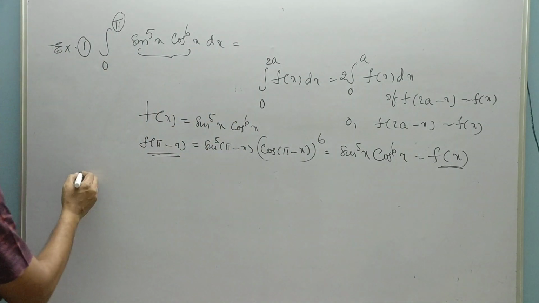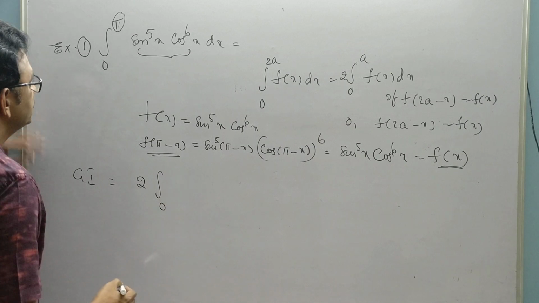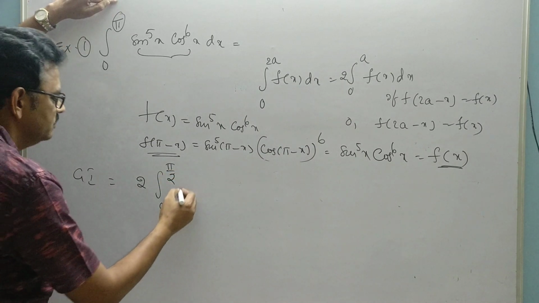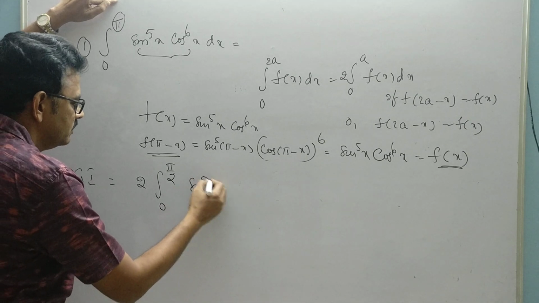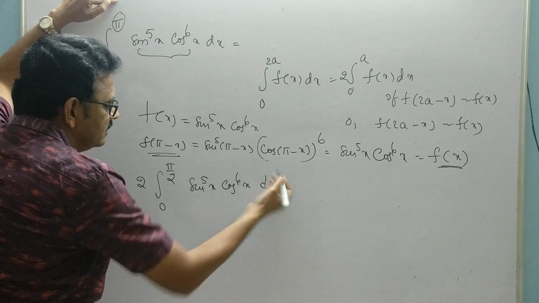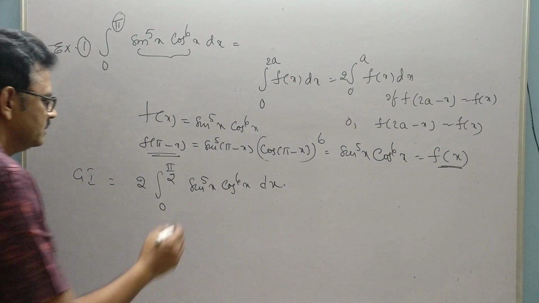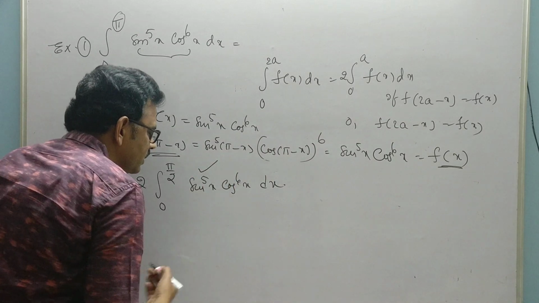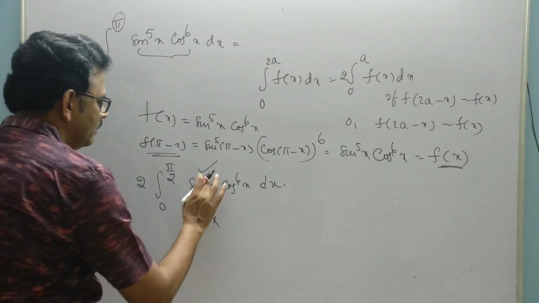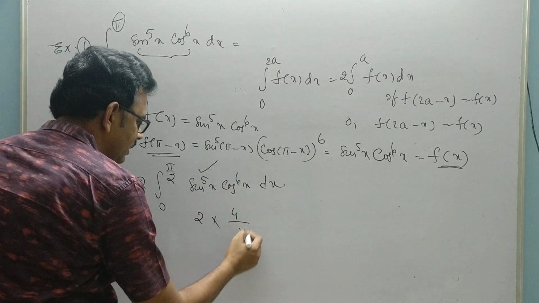Now, this integral, you write 2 times integral 0 to a, which means half of this angle, pi by 2, sin power 5x into cos power 6x dx. Okay. Again, this is odd number, so we have only one expansion. 2 into m minus 1, so this is 4 by adding these, 11.